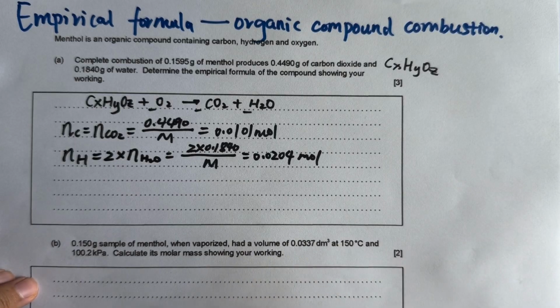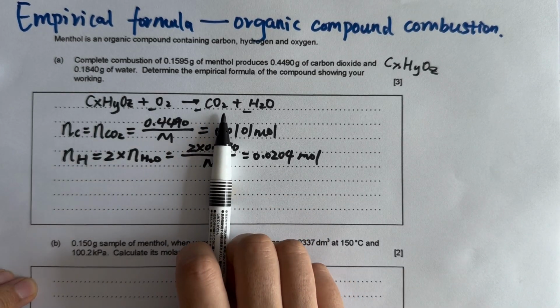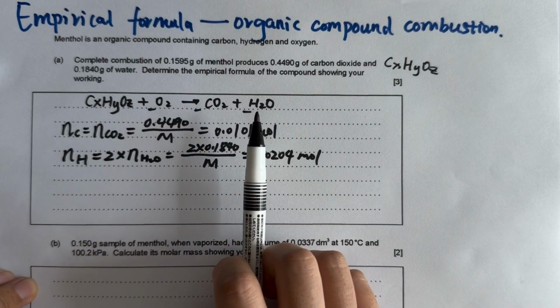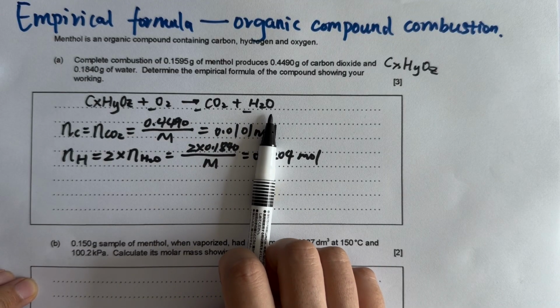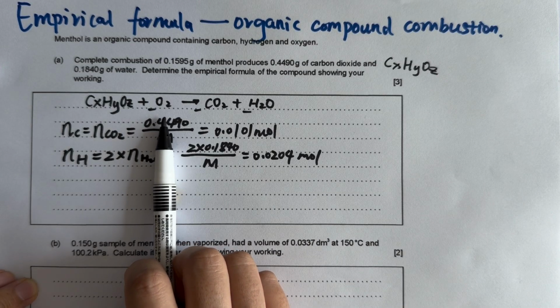And the next step is that we need to work out the number of moles of oxygen as well. Some students may assume that we can just say the number of moles of oxygen is equal to twice the number of moles of CO2 plus the number of moles of water. No, you cannot solve it like this, because the oxygen here also provides oxygen.